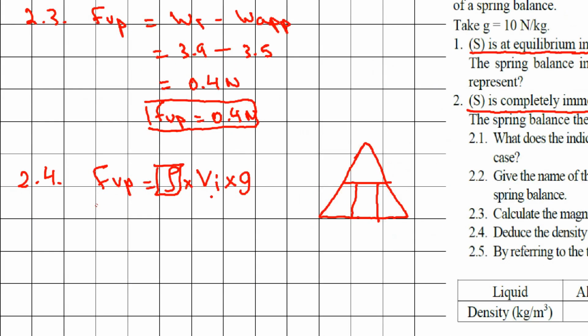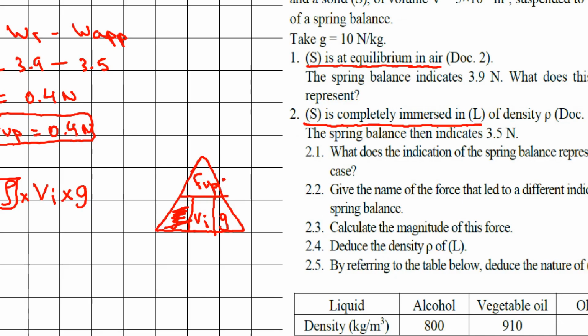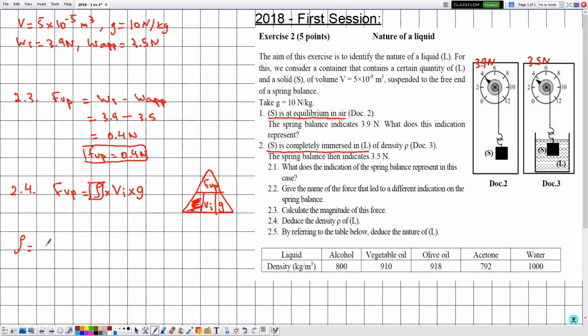Here, because we have multiplication, F upthrust will be at the top, rho, Vi and G will be at the bottom. Putting our hand over rho, which is the density of the liquid, it will be given by F upthrust divided by Vi multiplied by G.